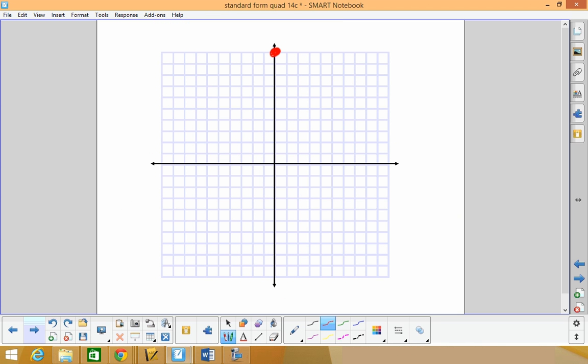So negative 1, 2, 3, 4, negative 5, 0, and negative 2, 0. So you should sort of be envisioning this parabola right now. Somewhere down here it's going to do something like that. But we're not sure yet what it's going to look like. So that's why we've got to finish working on this problem.